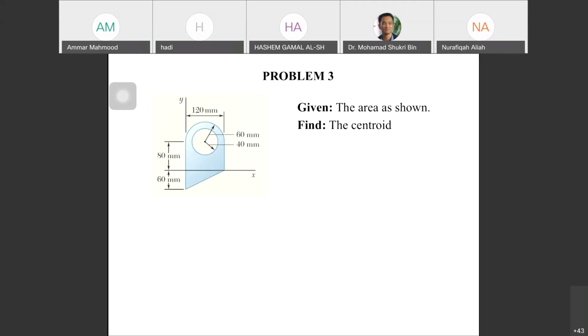For this one, you need to decide how you want to divide this area.